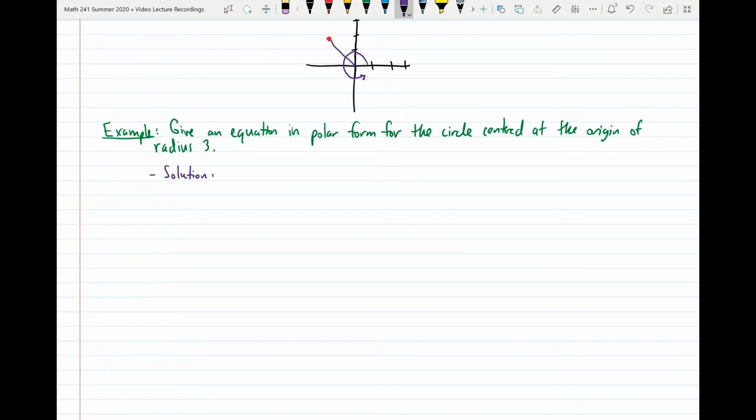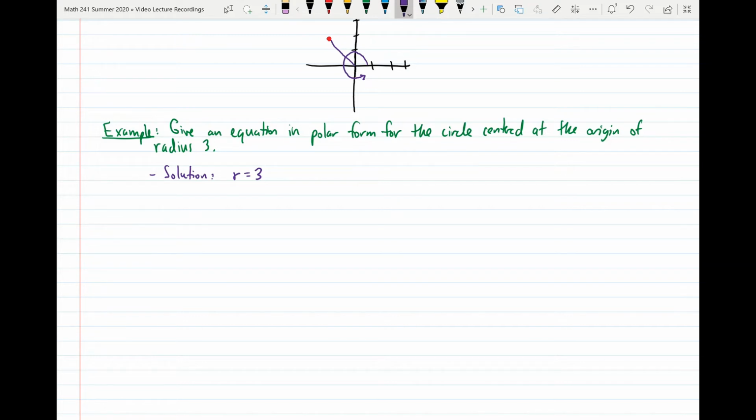So the first equation that will work is just r equals 3. And what this means is that we're going to talk about all points in the plane that are 3 units in distance from the origin. So all points that are 3 units from the origin are going to satisfy the equation r equals 3.